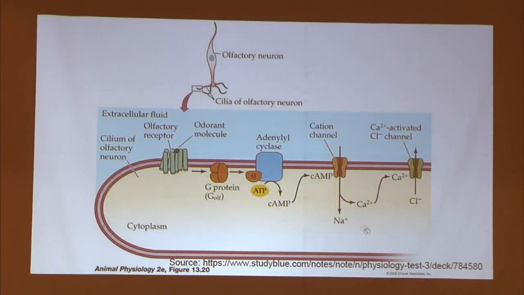So we have different channels being activated. It starts out similar to beta receptors, where the alpha subunit activates adenylate cyclase, converts ATP to cAMP, but instead of cAMP activating a protein kinase, cAMP is going to activate an ion channel, which is then going to activate another ion channel. So these are G protein coupled receptors that are then going to activate ion channels primarily for their effect.